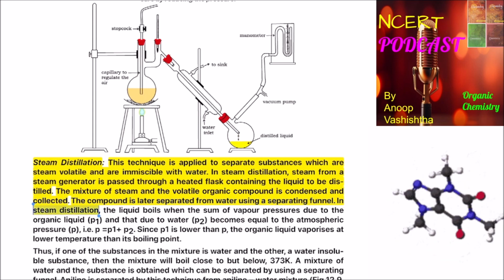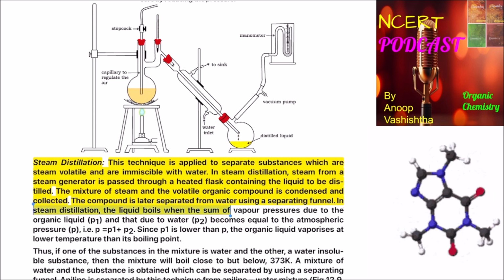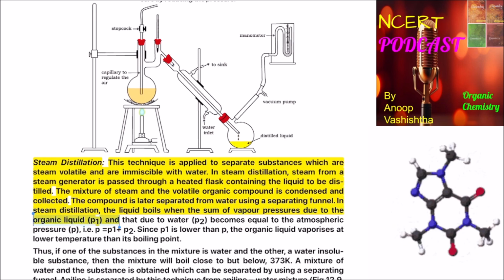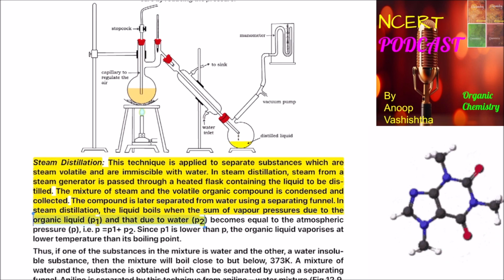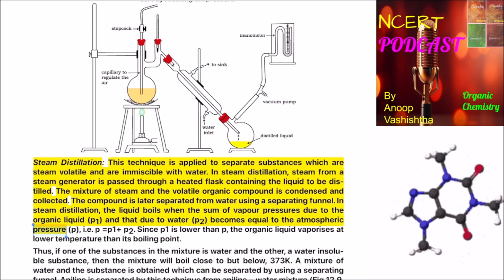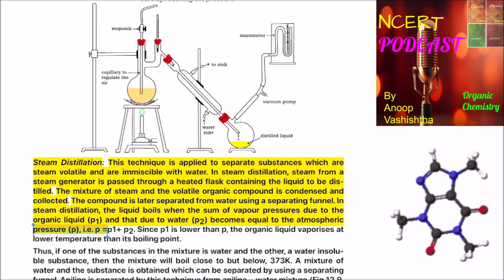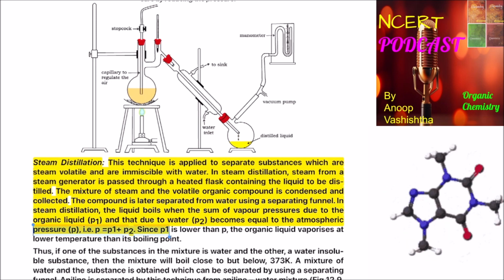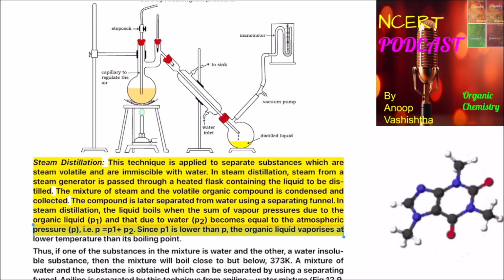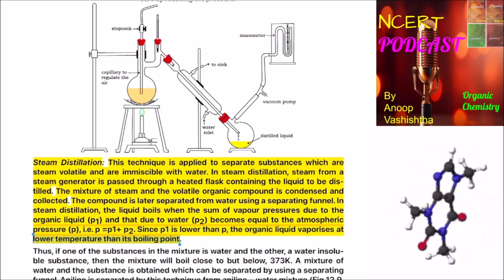In steam distillation, the liquid boils when the sum of vapor pressures due to the organic liquid P1 and that due to water P2 becomes equal to the atmospheric pressure P, that is P = P1 + P2. Since P1 is lower than P, the organic liquid vaporizes at lower temperature than its boiling point.